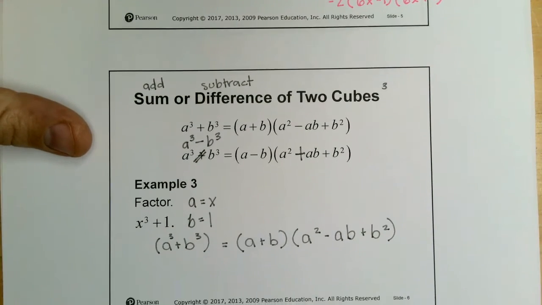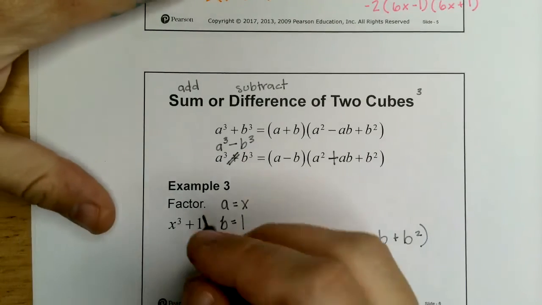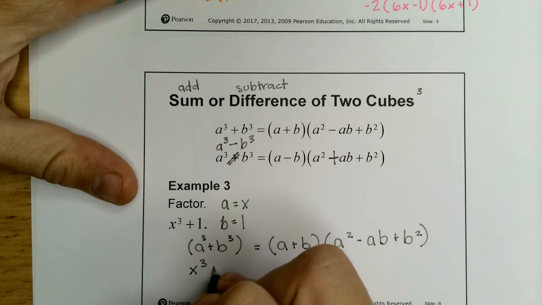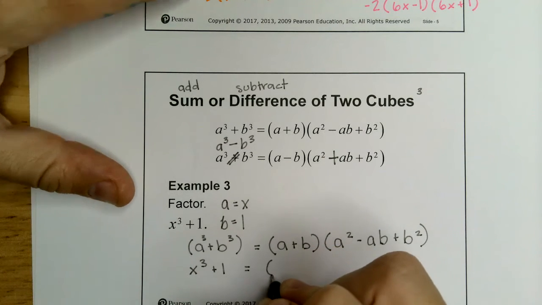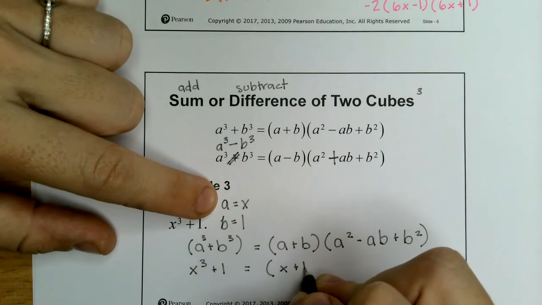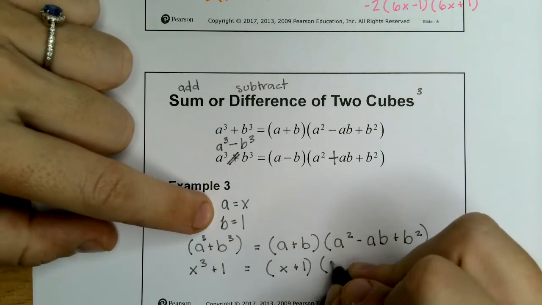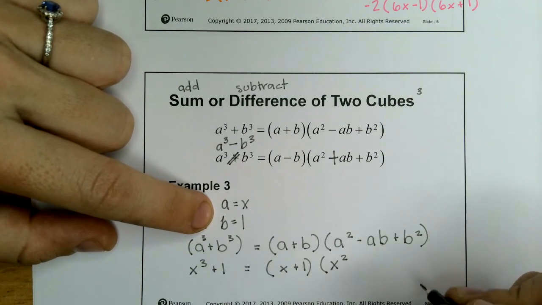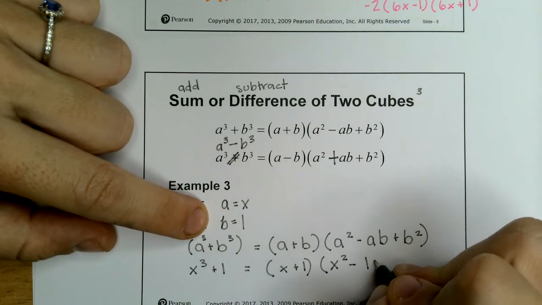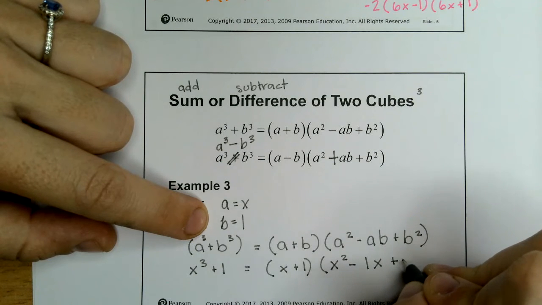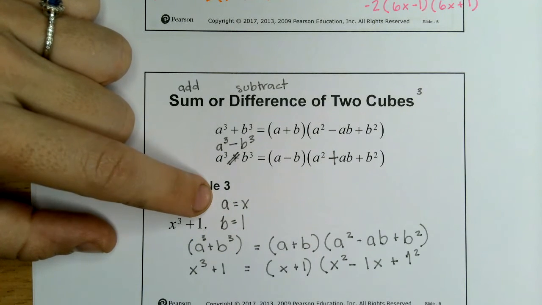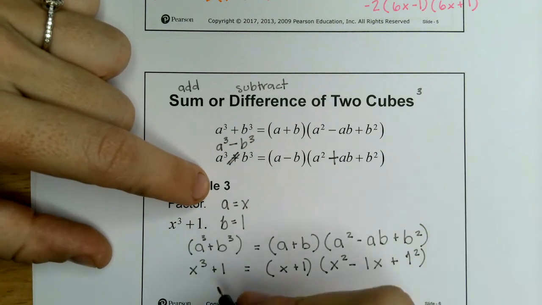Okay, so x to the third plus 1 becomes x plus 1 times x squared minus 1x plus 1 squared. And I'll just simplify that just a little bit.